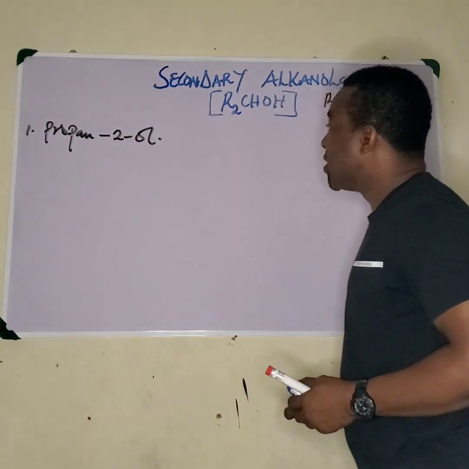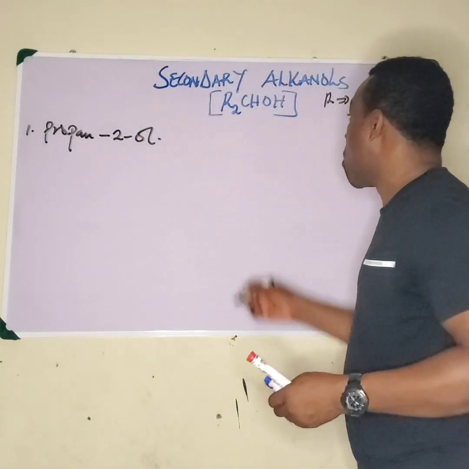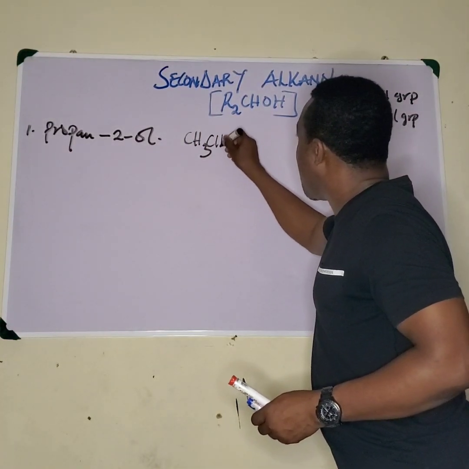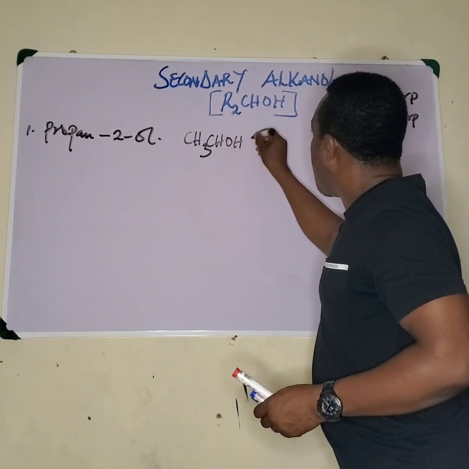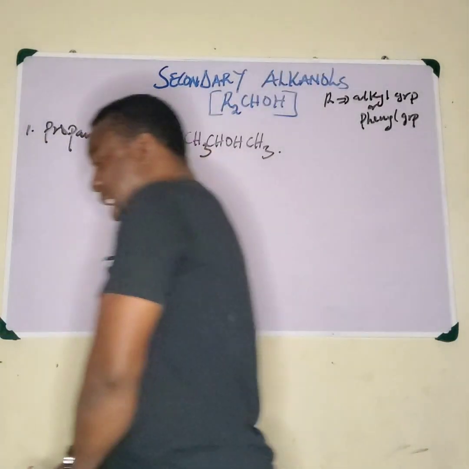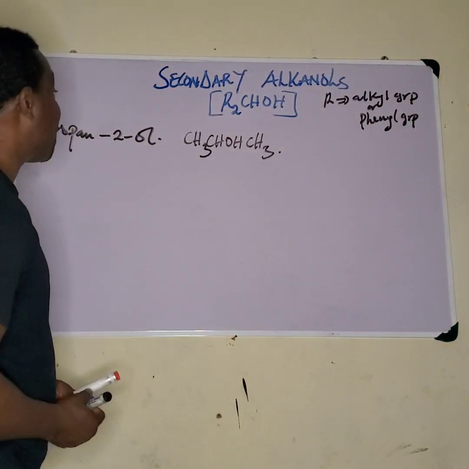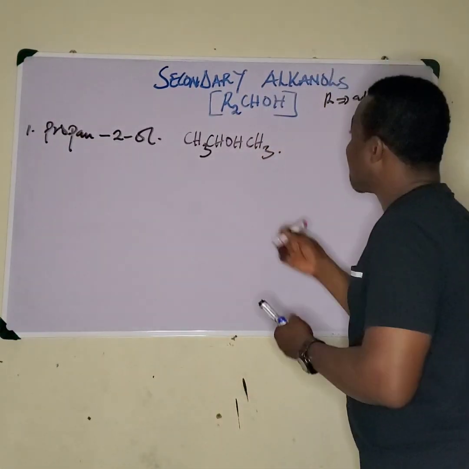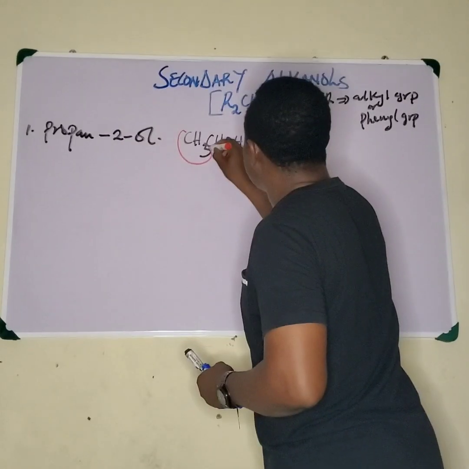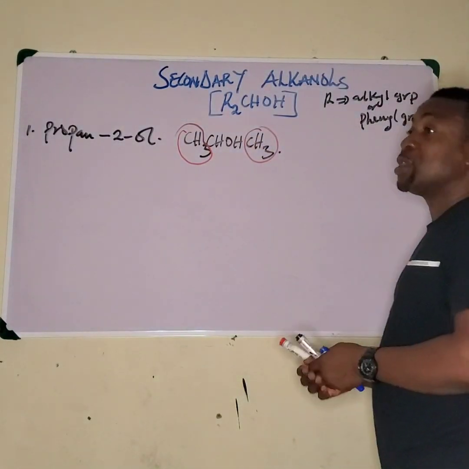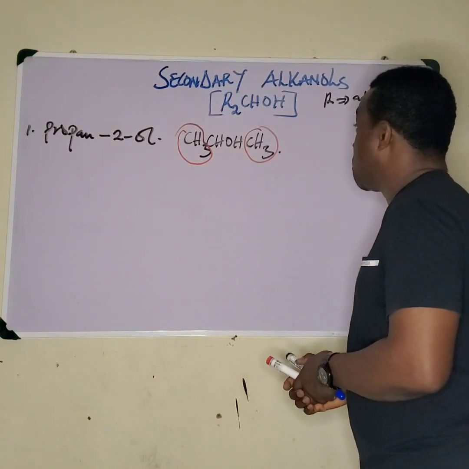Let's see why propan-2-ol is a secondary alkanol. Look at this formula: CH3, we have the CHOH, and we have the CH3. So the facts we are considering here are the number of alkyl groups and the carbon-hydrogen atoms holding the OH.